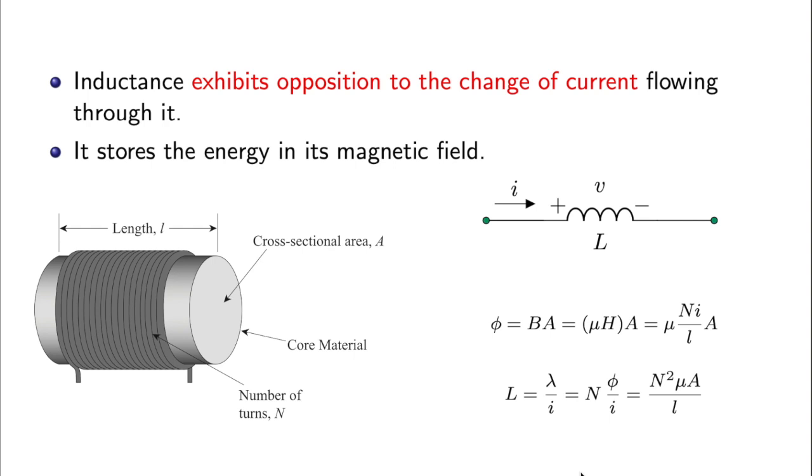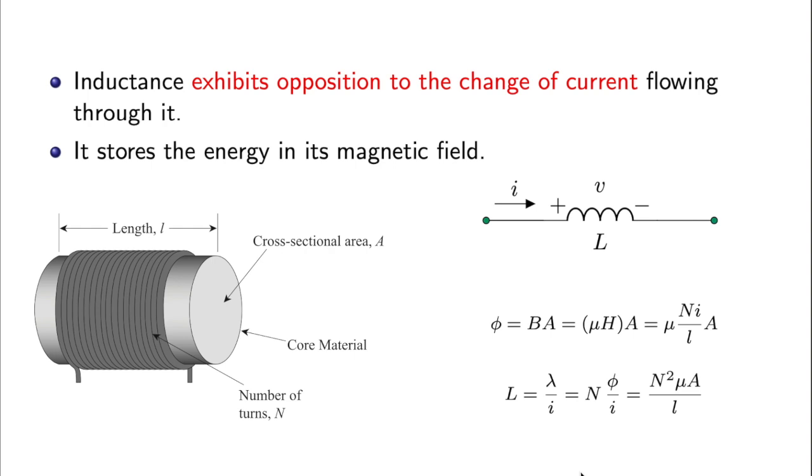Inductance is the property of a circuit element which exhibits opposition to the change of current flowing through it. It stores the energy in its magnetic field. The unit is Henry.